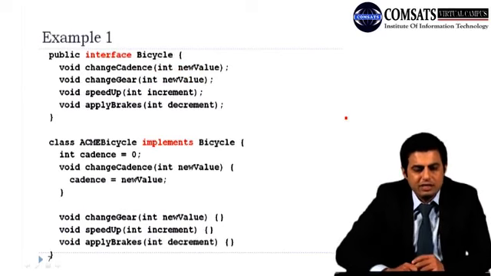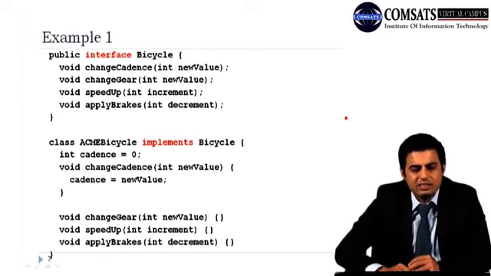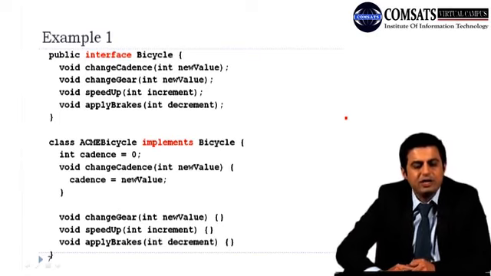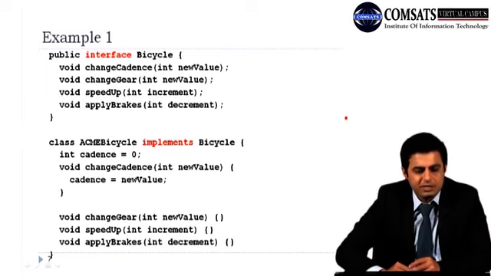Now if you look at this, it is an interface, and its name is Bicycle. It has some methods like change cadence, change gear, speed up and apply brakes. These are the methods which are going to be in all kinds of bicycles.